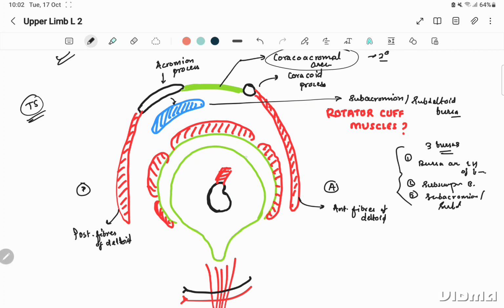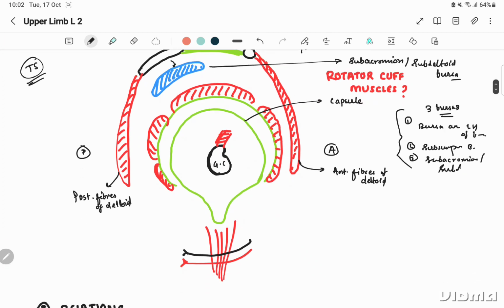Then we have the capsule. This is the capsule. This is the glenoid cavity, and this is the long head of biceps, which arises above the glenoid cavity, the supraglenoid tubercle.